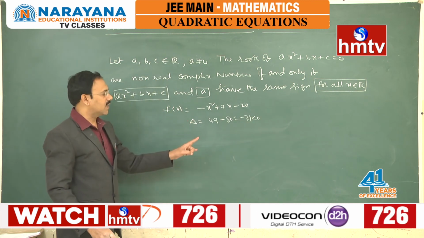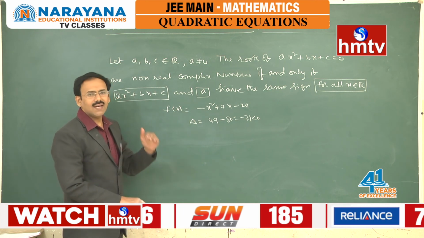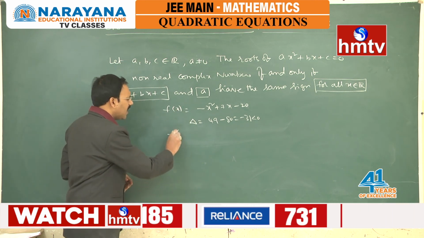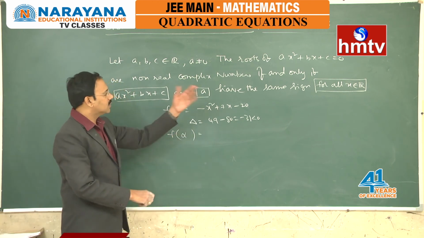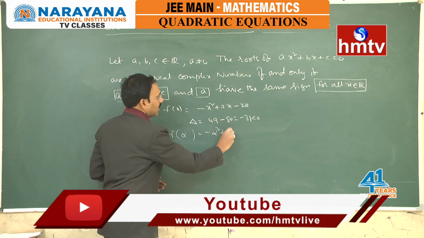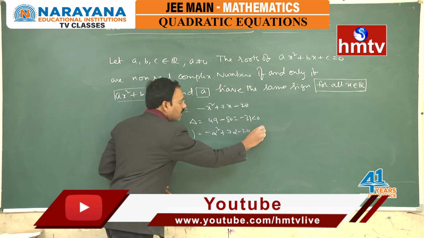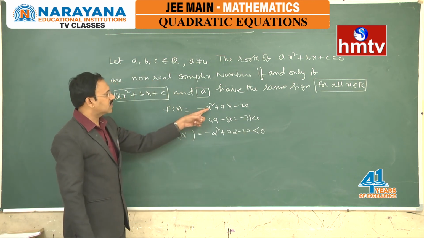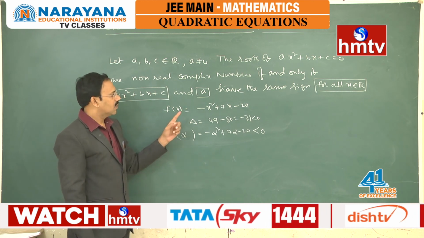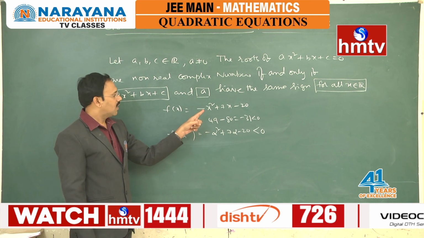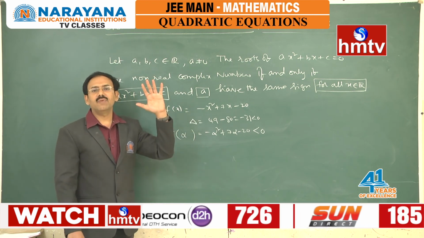If delta is negative, now as the x square coefficient is negative, one can say that for f of any real number you give, any real number alpha you give, the output, minus alpha square plus 7 alpha minus 20, you need not compute, it is always going to be negative because the x square coefficient is negative. That is, when delta is negative, the value of the expression and the x square coefficient will have the same sign for all x belongs to R.